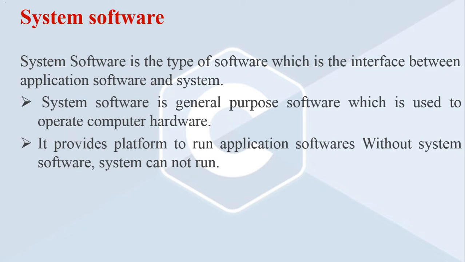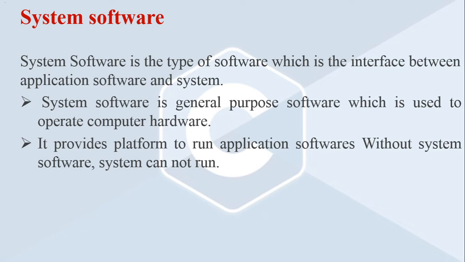With the help of system software, any kind of application software can run over the computer system and easily access the various hardware components interconnected with it. It provides a platform to run application software. Without system software, a system cannot run.